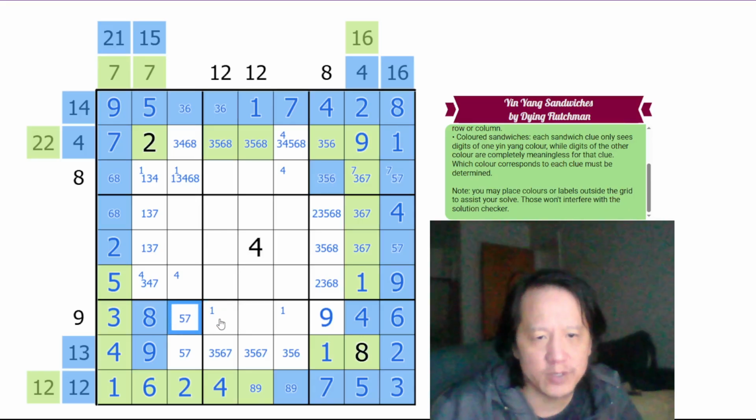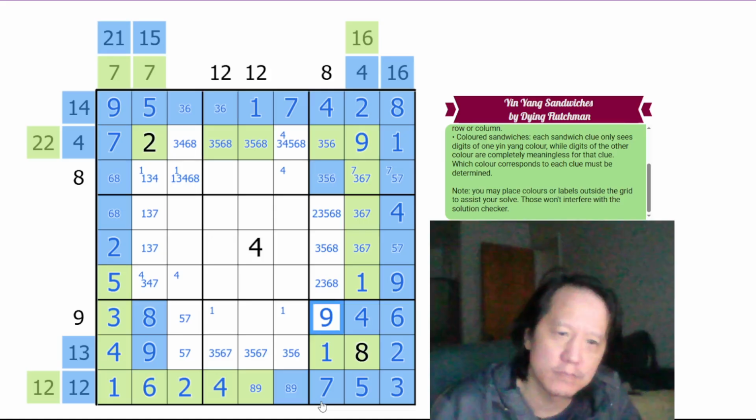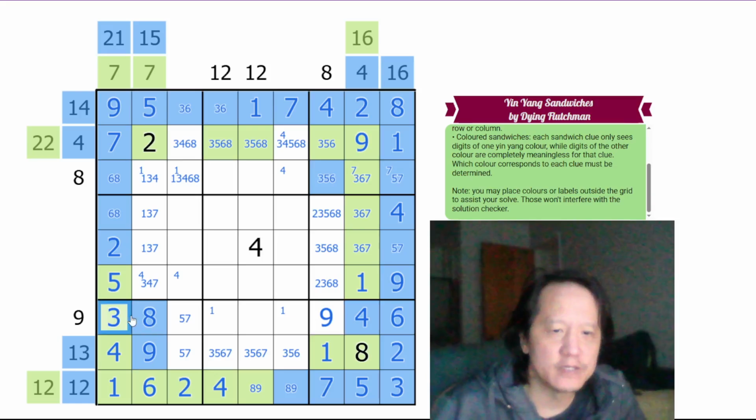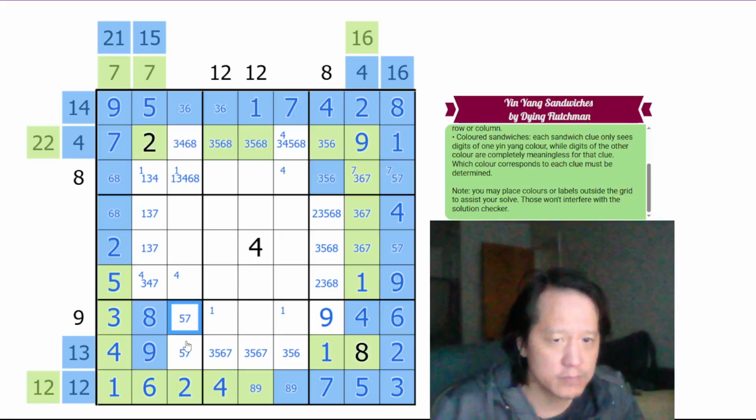Sorry, it would not be in between the 1 and the 8 or the 9, right? Or actually, no, it could be, because 1 could be here, or 1 could be here, and this could be green and green. Don't know about that. This one though could be 7, because it could be between the 8 and the 1, and that would be fine.